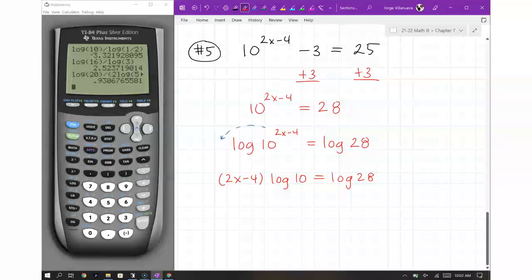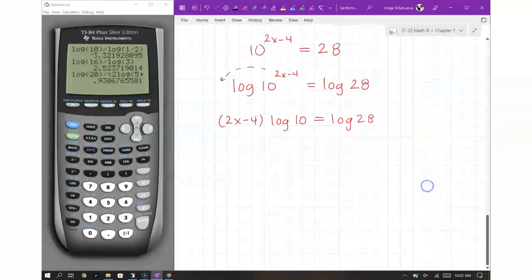Now, whenever you have an expression like we have right here, 2x minus 4, the way you do your work changes a little bit. Not this next step. This next step stays the same. But after that, we change some stuff just a little bit. So, here we go. According to what I've been doing all this time, I should get rid of that log of 10 next, right? So let's get rid of the log of 10.